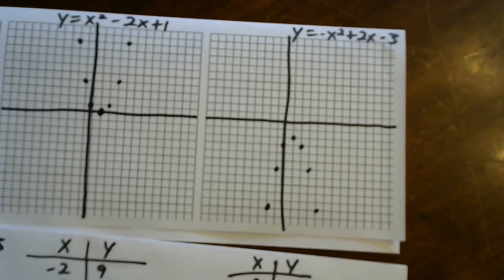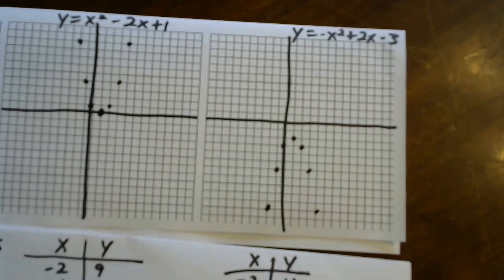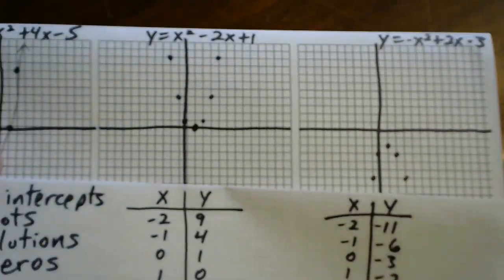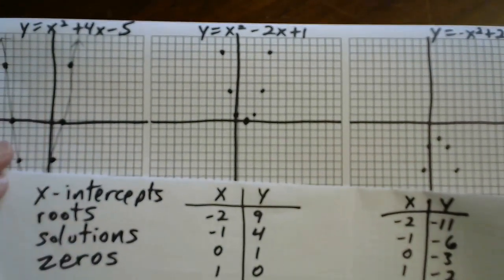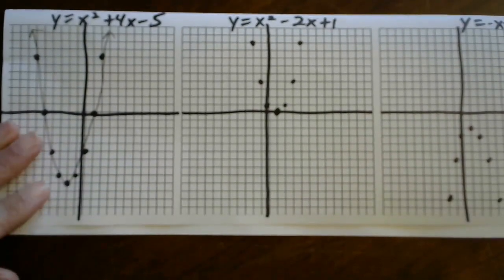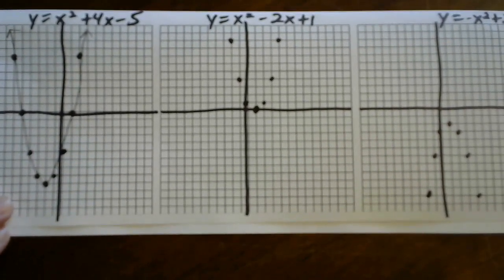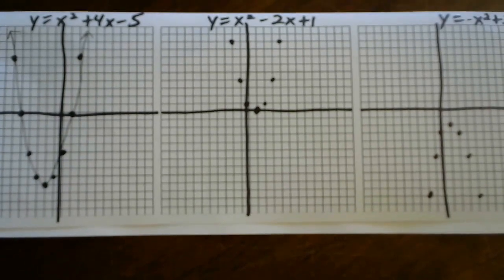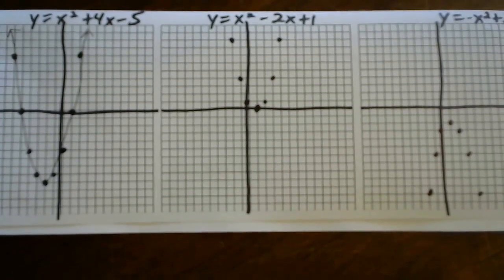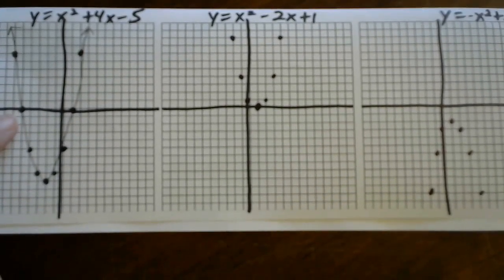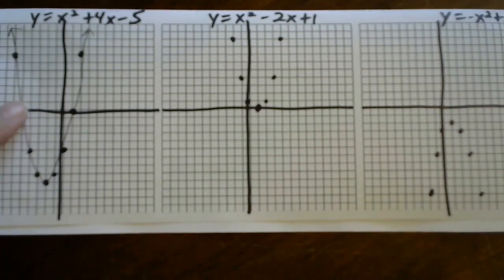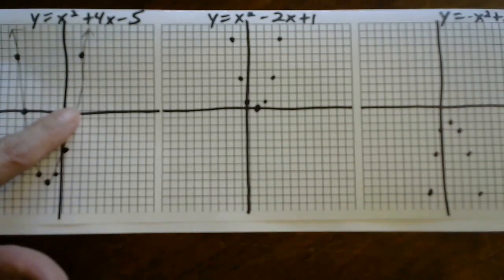Now, one of the characteristics that we often like to look at when it comes to parabolas is where it crosses the x-axis. We call those x-intercepts. So on this one, it crosses at negative 5 and positive 1.